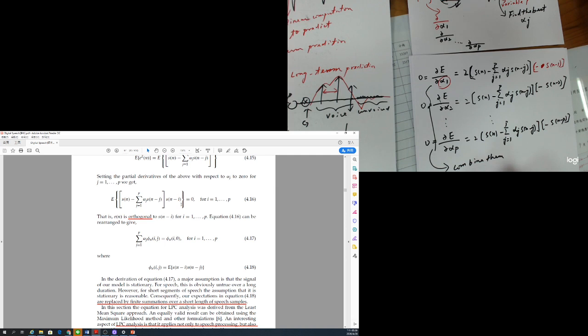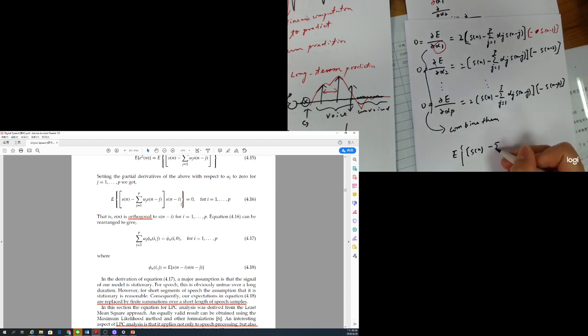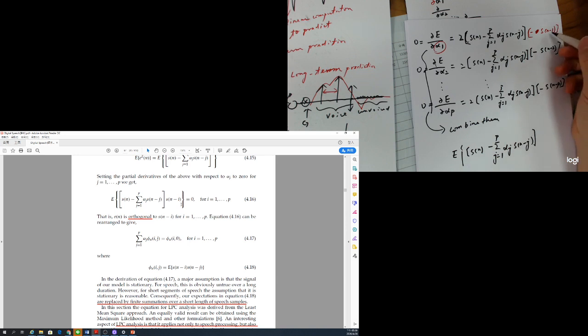It looks like s m minus the summation over j equal to 1 to p of alpha j s m minus j, and then you have so many, multiplied by s m minus i. We hope this becomes 0, where the i, with j inside, runs from 1 to p.